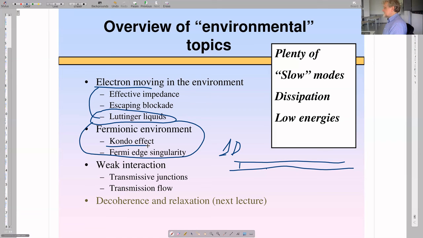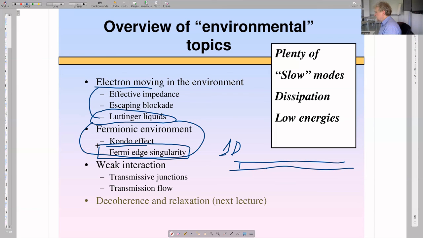It results in the so-called Kondo effect, which provides resonances in the quantum dot, and singularities at the Fermi edge, when a level in the quantum dot comes to the Fermi level, the rate becomes singular owing to interaction. Right.